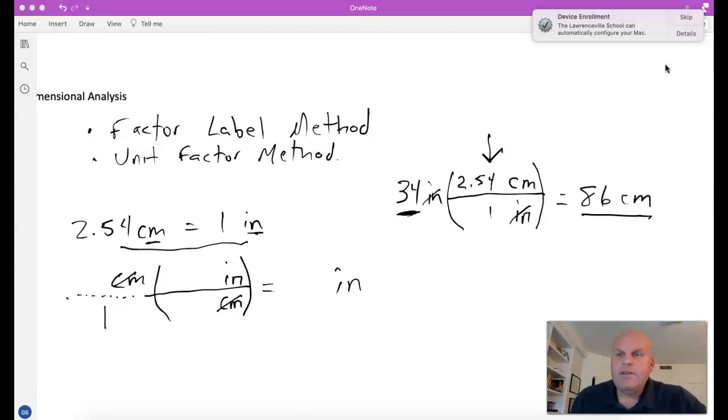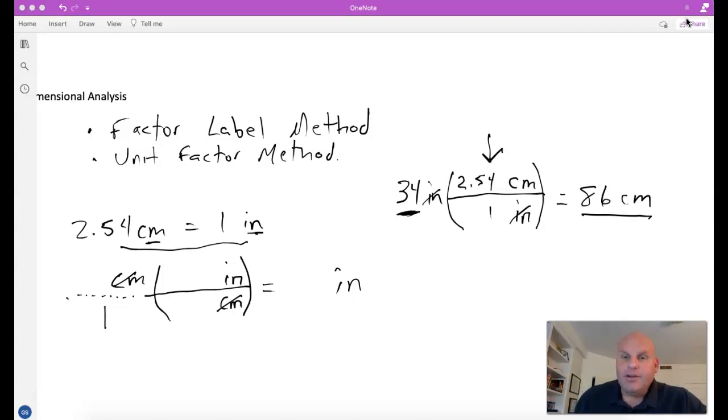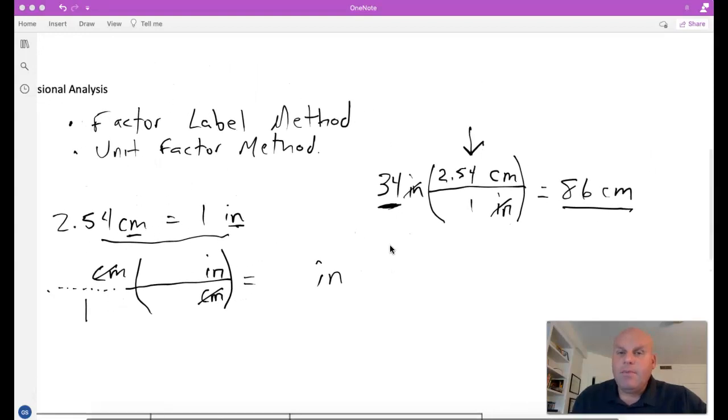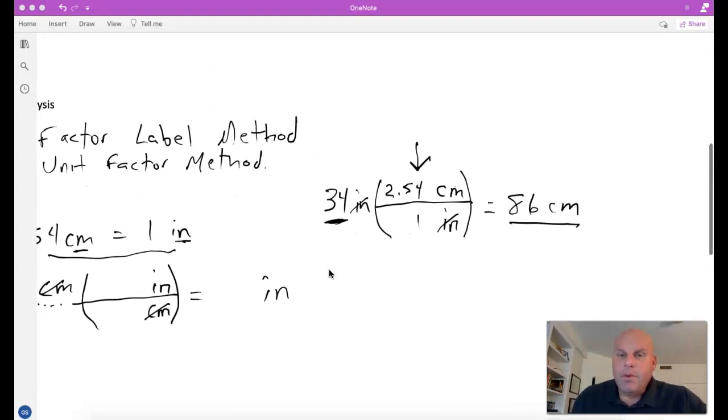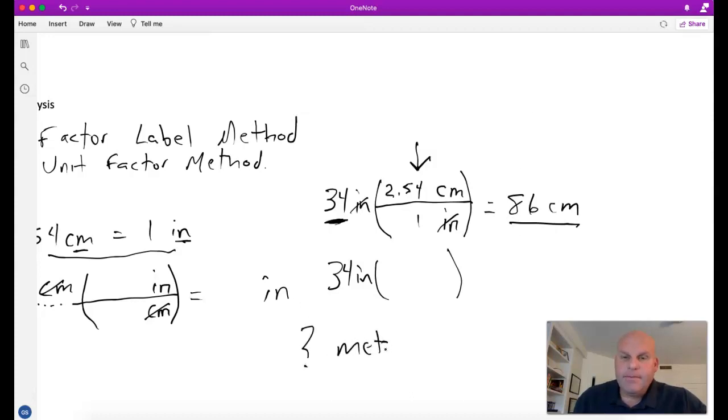In a dimensional analysis process, you are not limited to just using one conversion factor. You can use however many you need to go from where the problem is starting to whatever unit the problem is asking for. If I started this same problem again with 34 inches, and this time the question was how many meters, I would start the process in very much the same way, because I don't know off the top of my head how meters and inches are equal.